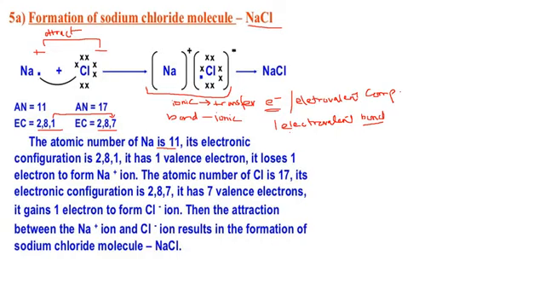Sodium will lose one electron and give it to chlorine. So chlorine will become negatively charged and sodium will become a positively charged ion, and because of the two opposite charges they will attract each other and a bond will form between them, that is known as ionic bond, and that is a very strong bond.